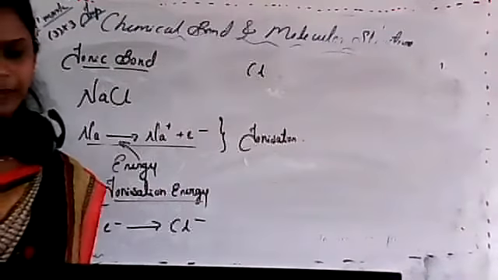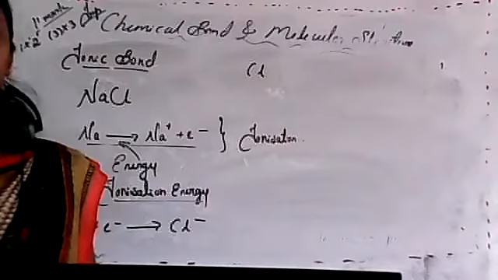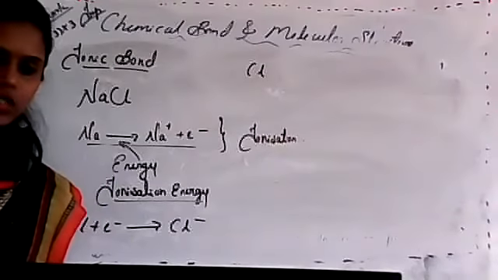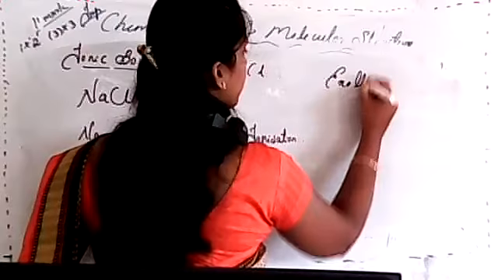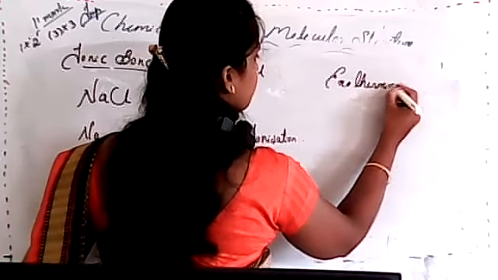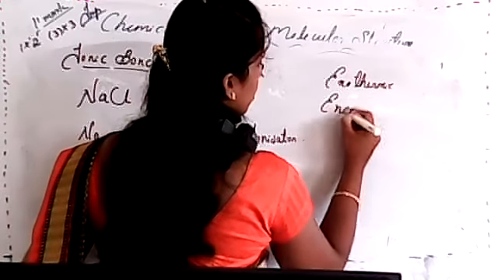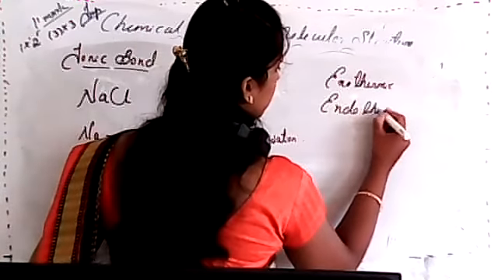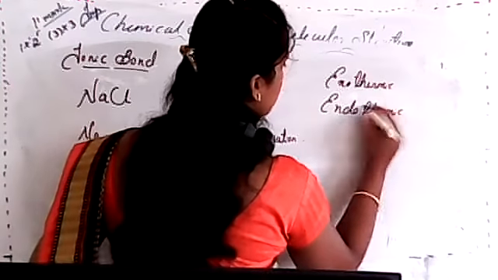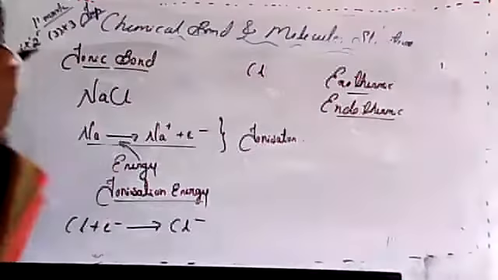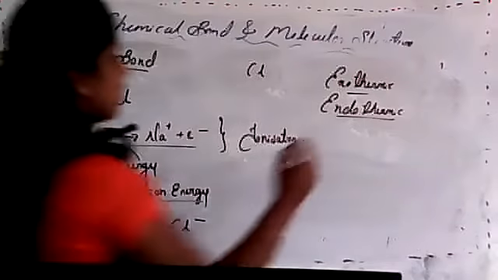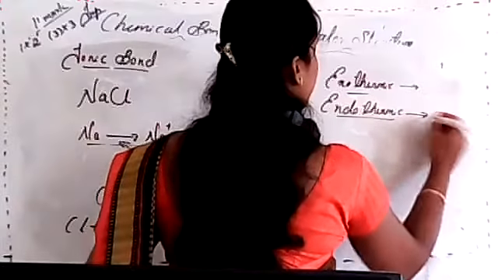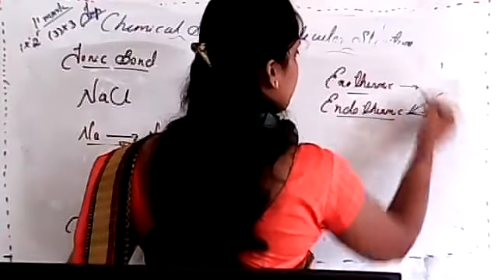Student, just reply. You know about endothermic reaction and exothermic reaction, student? Do you know about exothermic and endothermic? Yes, you know. What is exothermic, student? Endothermic is nothing but energy supplied.